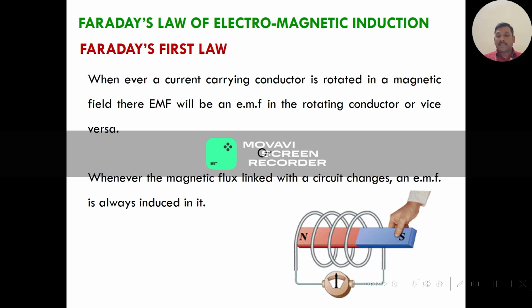Here there is a coil, a three-turn coil, and within that coil there is the permanent magnet movement. When the magnet is moved, the coil cuts the magnetic field of the permanent magnet, and it induces an EMF in the coil.